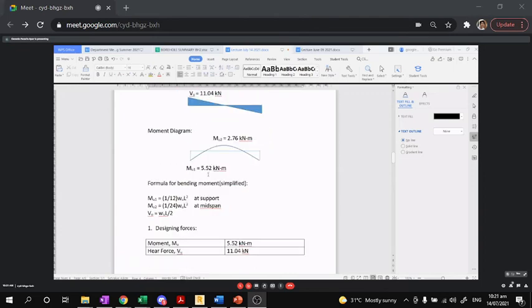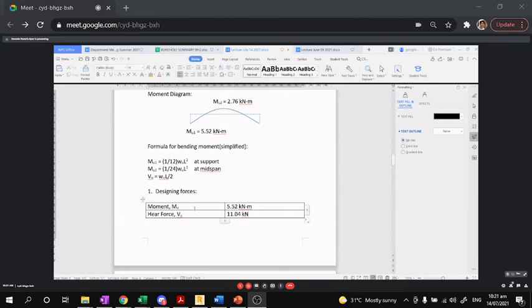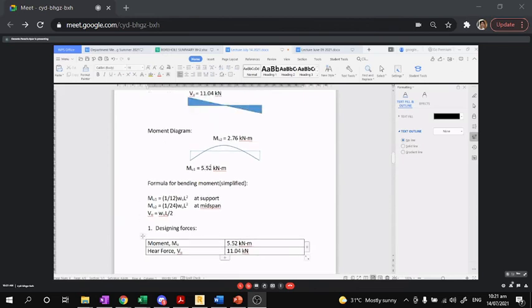So in lieu of software, I use formula in the book for that particular figure. This is just simplified. So I got a moment of 5.52, 11.04. By the way, the 5.52 is the maximum for the two. No, I use only one and I adapt the same section, but I only reverse the location.